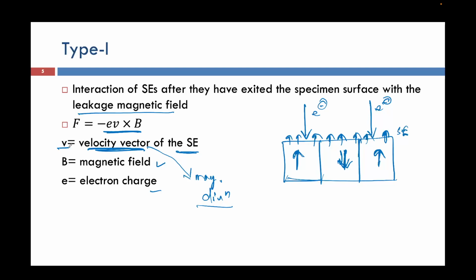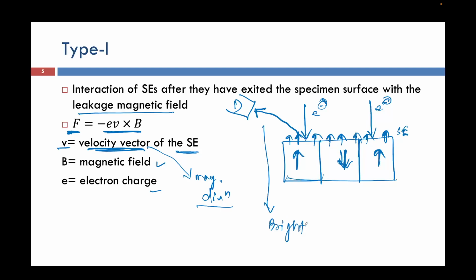So now that the magnetic field is there and some force is acting on my secondary electron, let's say my detector is here. While the electrons are just leaving the surface, if the force acting on my secondary electron is bringing them towards the detector, then that region will look like a bright region.